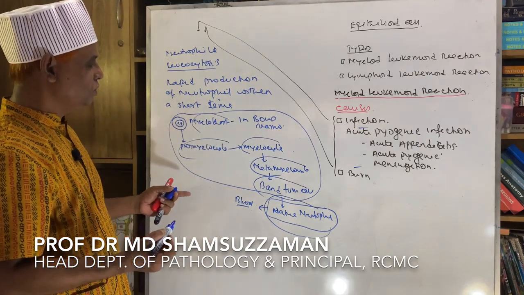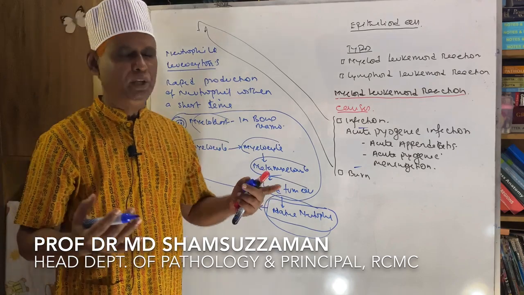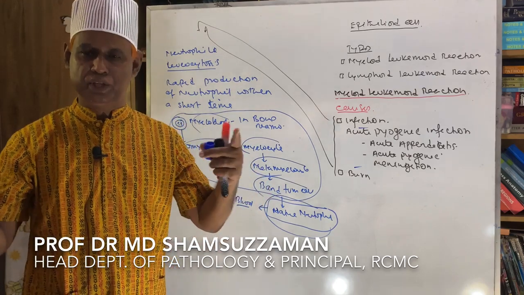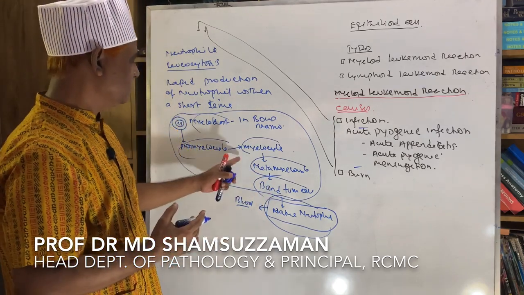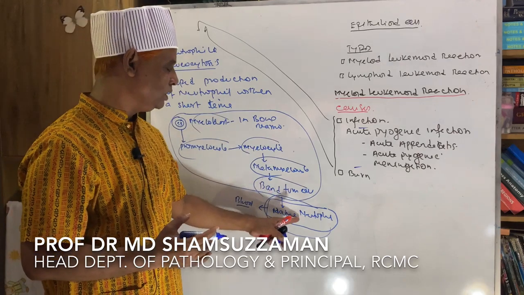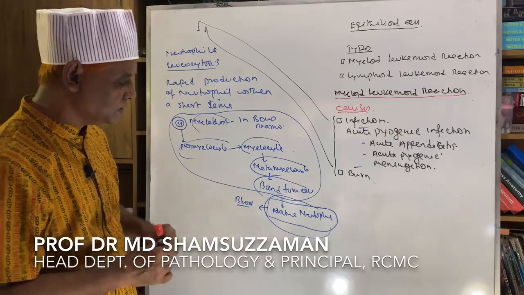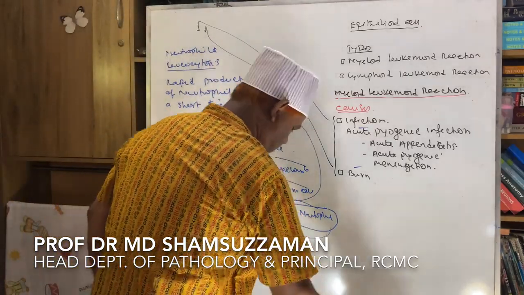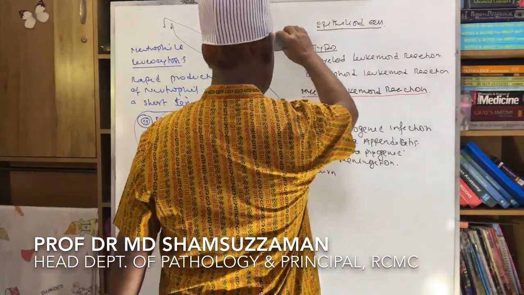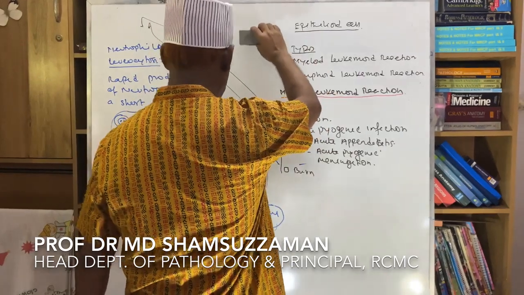So due to rapid production of a huge number of neutrophils, some immature cells along with the mature neutrophil may come from bone marrow in blood, and this is the blood picture of myeloid leukemoid reaction.